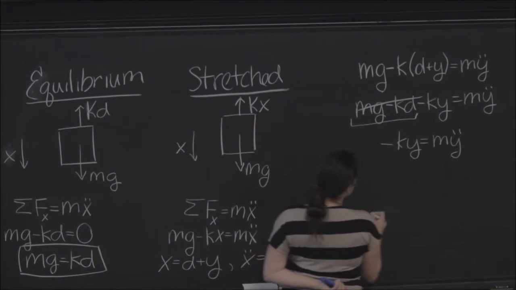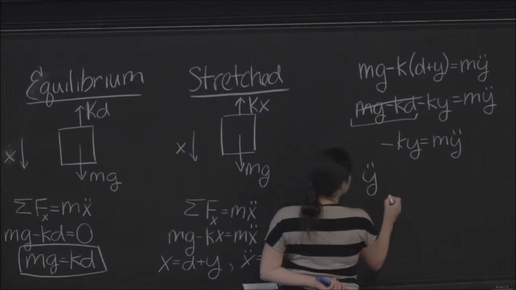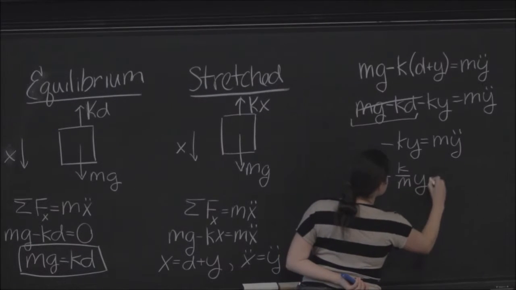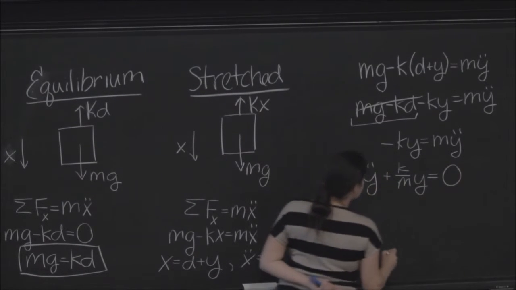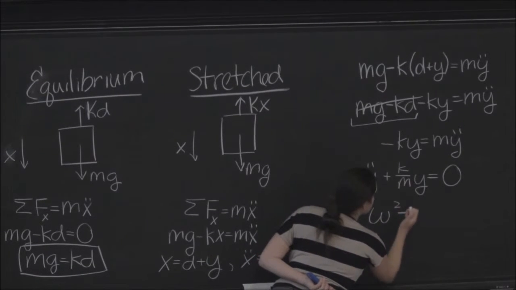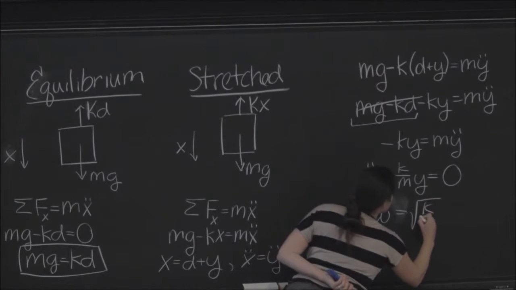All right, let's bring everything over and divide by m. So it looks like I'm going to end up with y double dot plus k over m y equals 0. Therefore, my omega squared, say omega, is k over m.